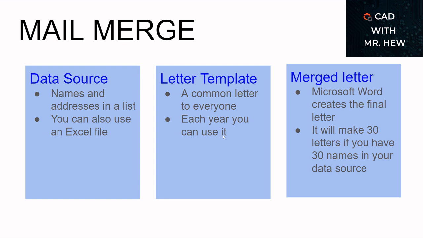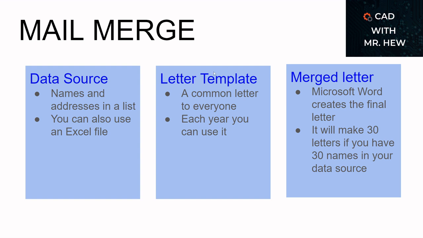For example, if you have a store and every now and again you have a sales event or a discount day, then you can reuse it whenever you need to. And then the last component of the merge letter is the final letter.